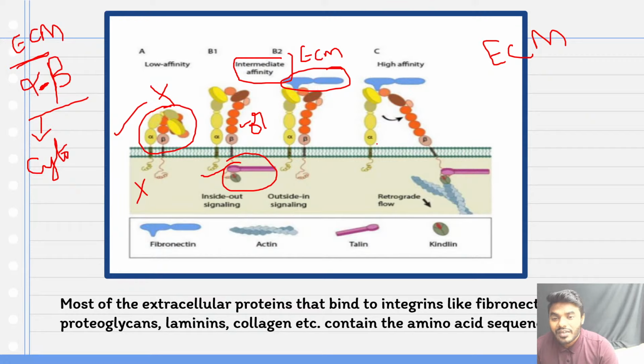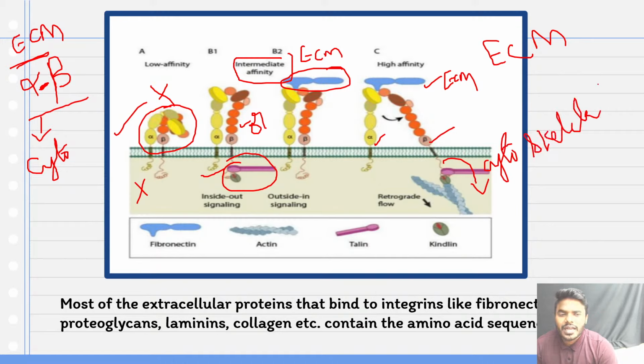Whenever alpha and beta have higher affinity with each other, now look into this, the affinity is high, then integrin associates with the ECM protein and also with the cytoskeletal protein.